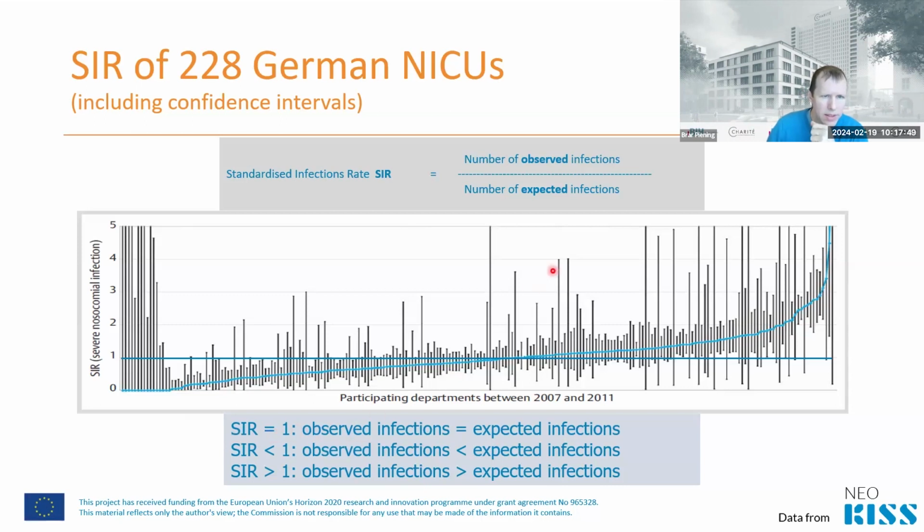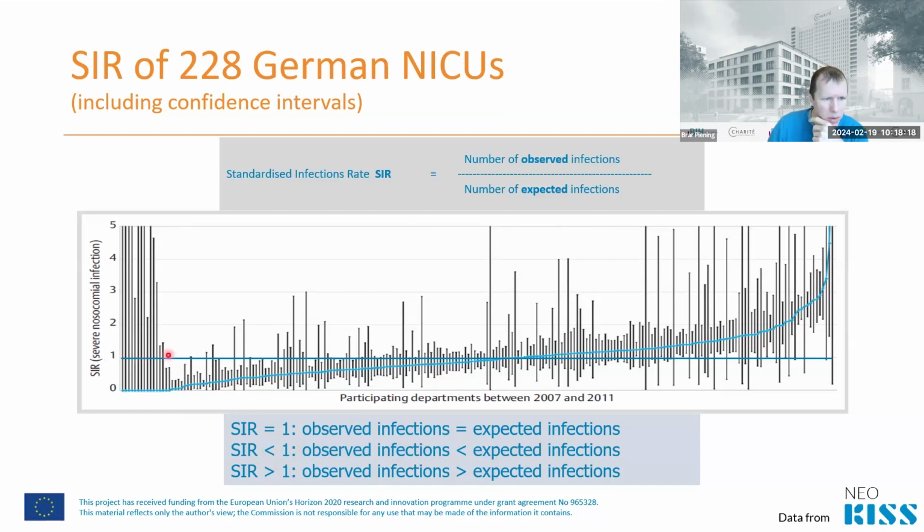Then we divide the number of observed infections by the number of expected infections. If the number of observed and expected is the same, we have a standardized infection rate of 1. If we observe more infections than we expected, the number is greater than 1. If we observe fewer than we expected, the number is less than 1.